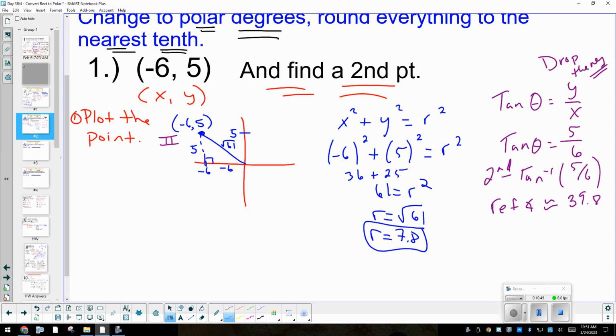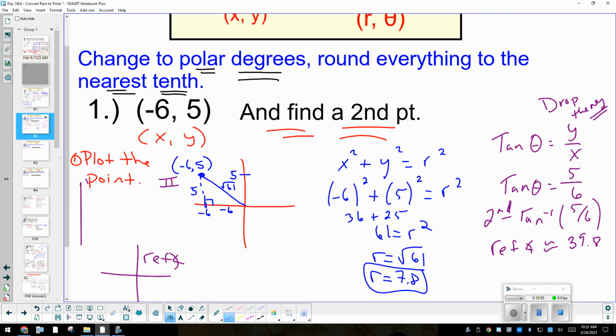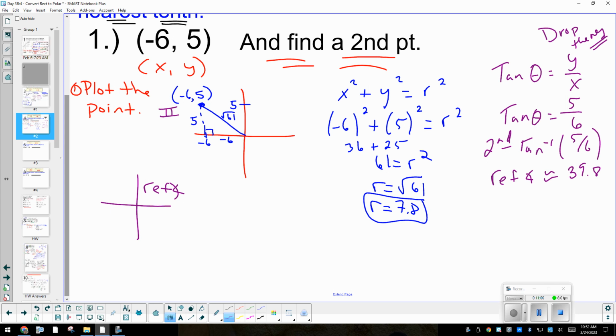So you get your reference angle. Does anyone remember what you would do with the reference angle for second quadrant? I think you would minus by 180. Good job. So you do 180 minus the reference angle, and that's going to give you your second quadrant angle.